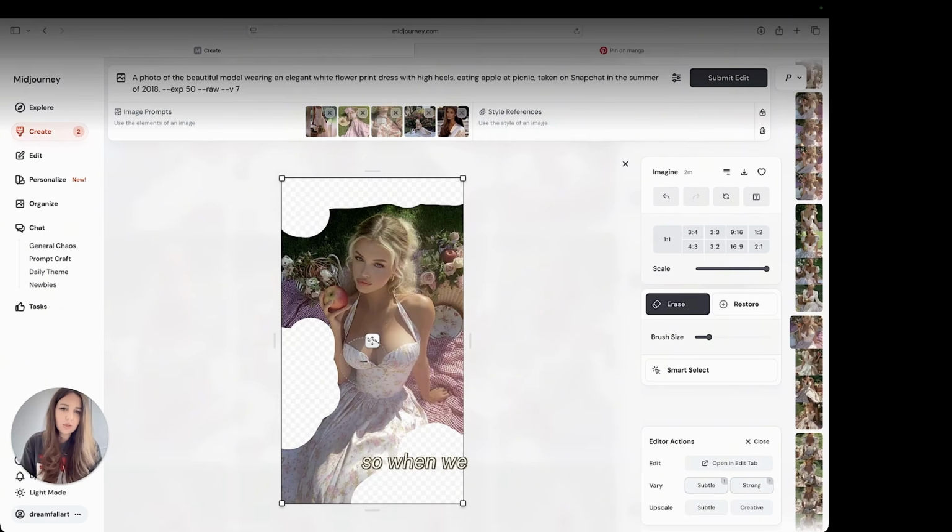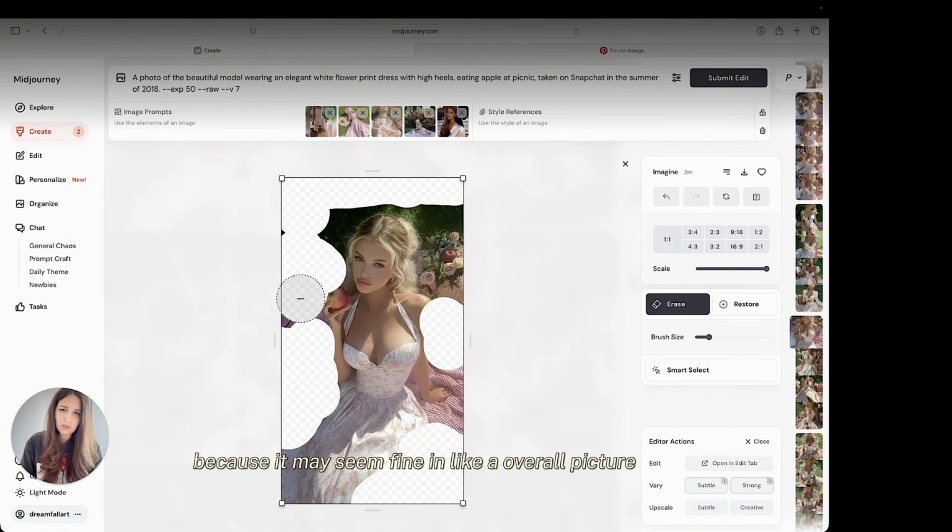So when we chose all areas we want to edit, and I chose everything that just seemed off, like this one, what is this, you know, because it may seem fine in an overall picture, but when we actually start to see what's going on here, what's this, I try to edit it as much as I can, not necessarily all the time, but when we picked all the areas, we just submit it and see what happens.